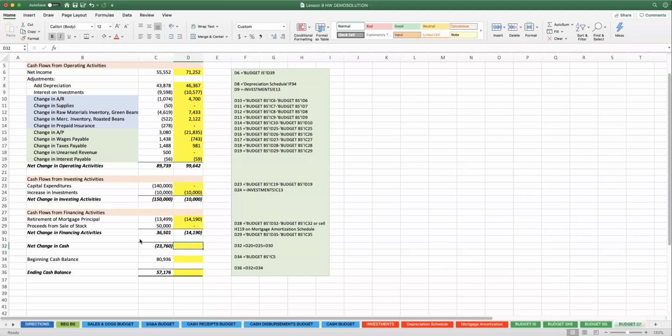Okay, now to get the net change of cash, you got to bring the 3 sections together. So this is the first section, and then add the second section, and add the third section. Okay. Now the beginning cash balance for 2020 is the ending cash balance for 2019. So I'll reference that. And then you add these 2 pieces together.